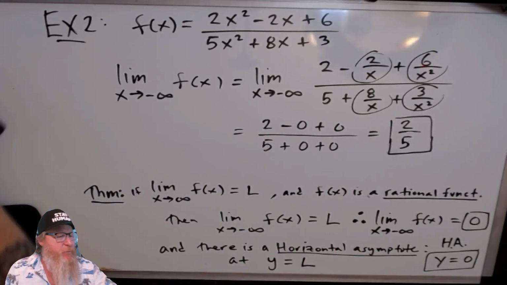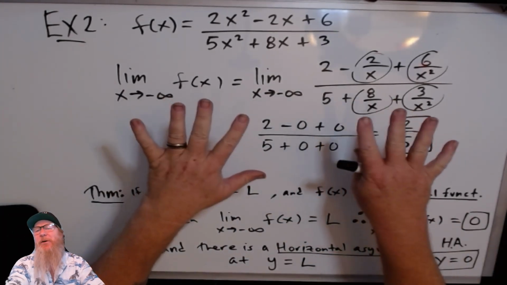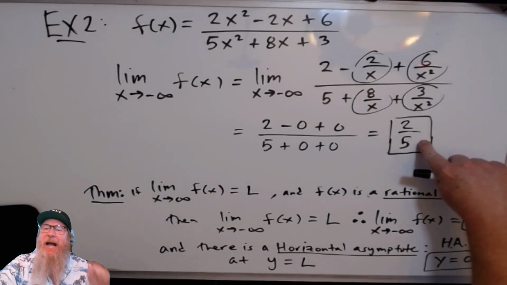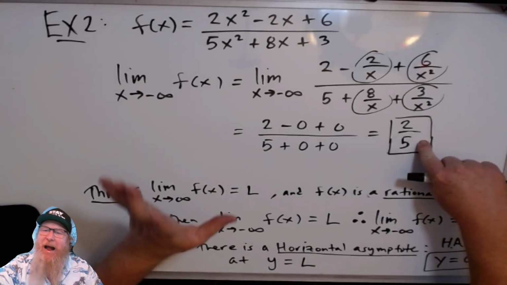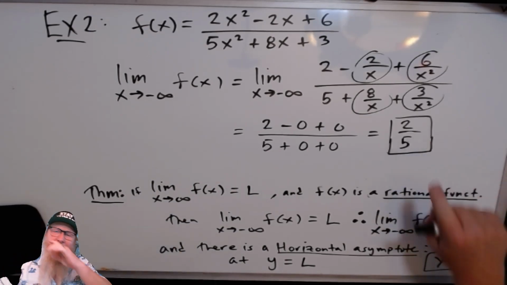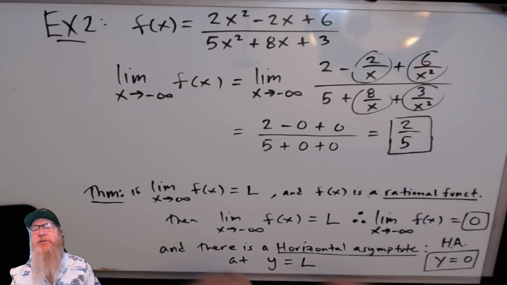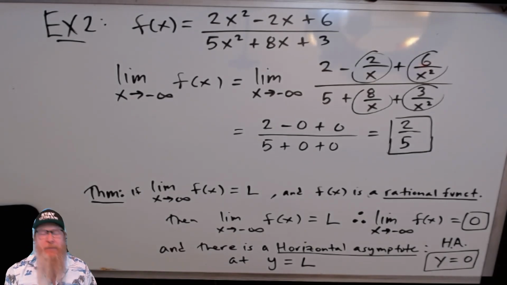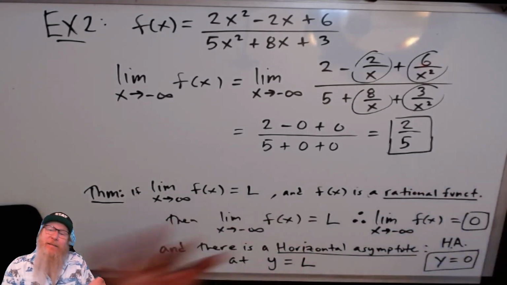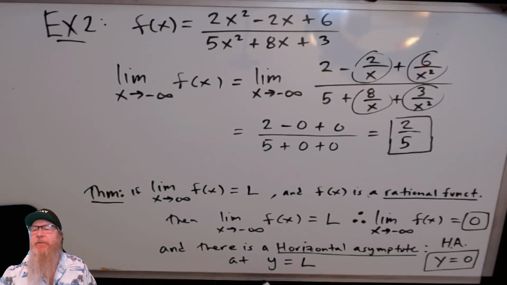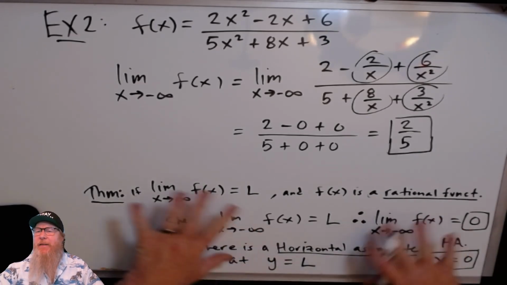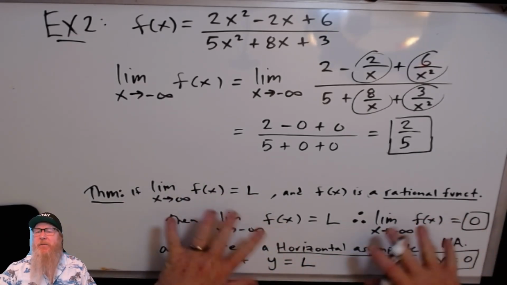That's what the decimal would be. I like algebra because it gives you a nice exact number. It's either going to be a fraction or a whole number or some kind of integer, typically not a decimal. You could write it as a decimal, but I'm not going to. It's 2/5.